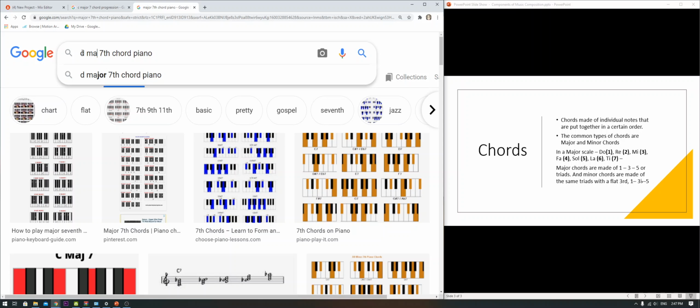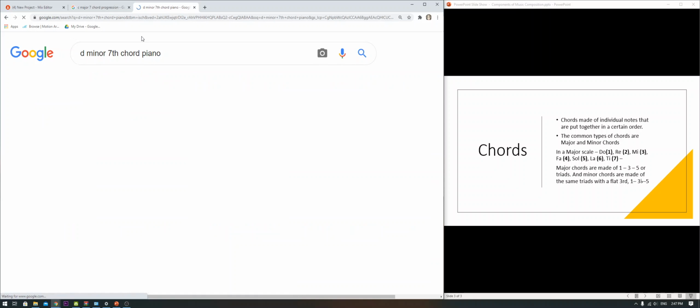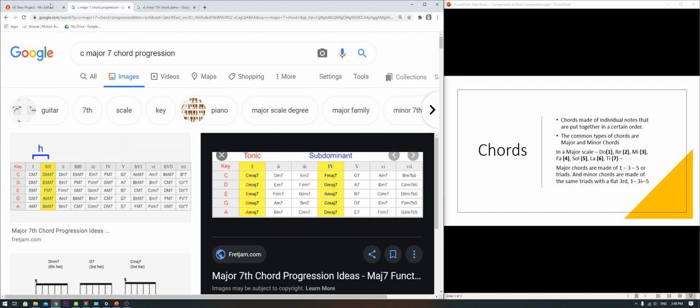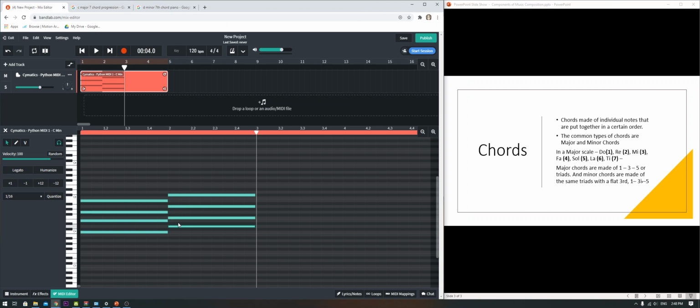So a lot of this process involves Googling, if you don't know music theory, if you don't play music at all. I know that some of you play music and some of you don't. Okay, D F A C, it's fine. D F A C. Okay, there you go.